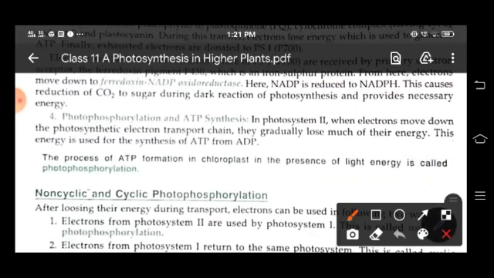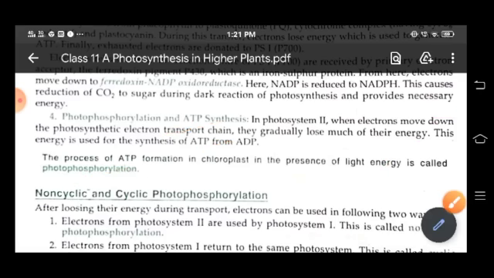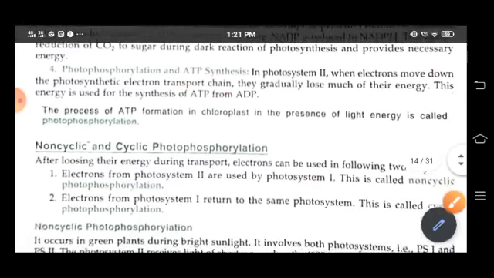Photophosphorylation, the formation of ATP, is also another step in photosynthesis. When electrons move down the photosynthetic electron transport chain, they gradually lose much of their energy. This energy is used for the synthesis of ATP from ADP. Now the formation of ATP in chloroplasts in the presence of light energy is called photophosphorylation.